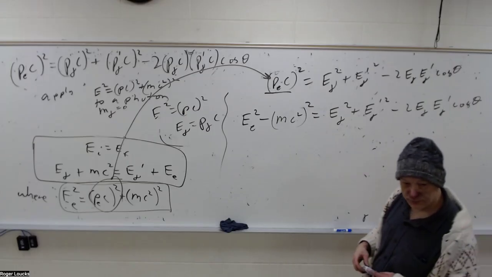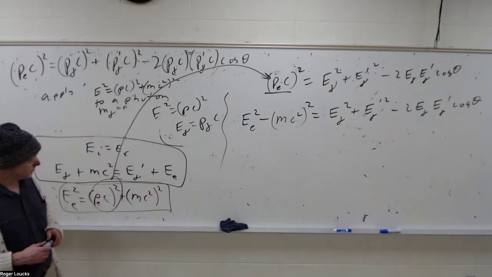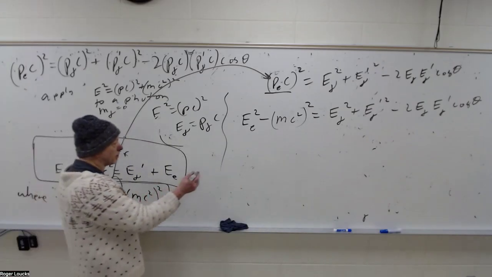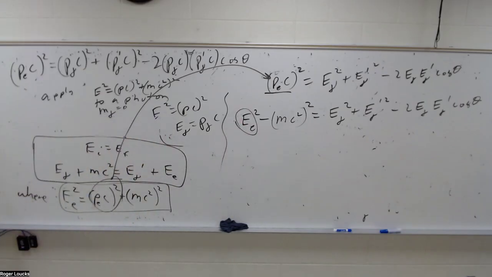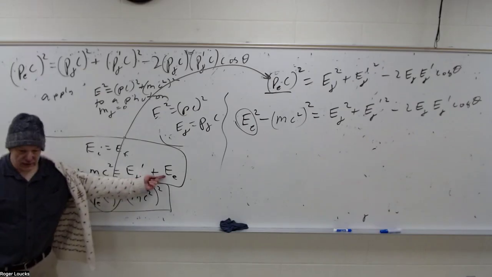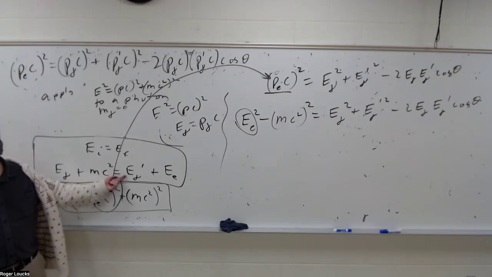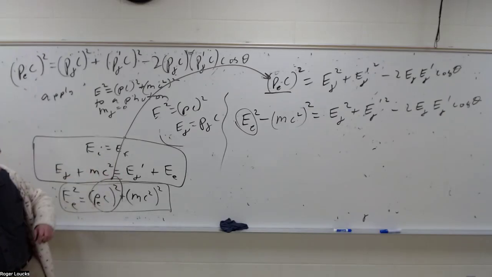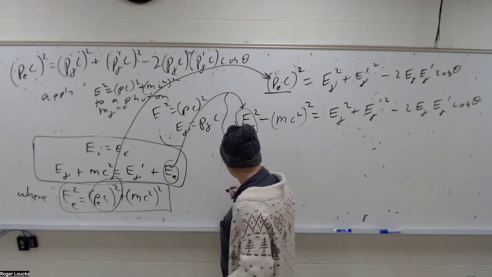Okay, one more step. Finish it up for me. Do I know anything about my buddy E_e? The energy of the electron is the energy of the photon plus the rest mass energy of the electron minus the energy of the scattered photon. So I can take this and pop it in here.